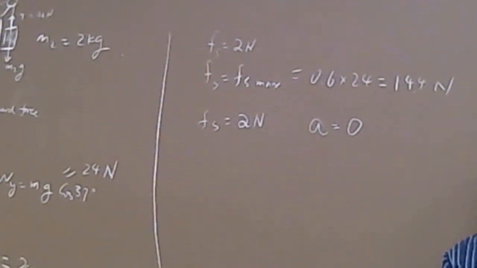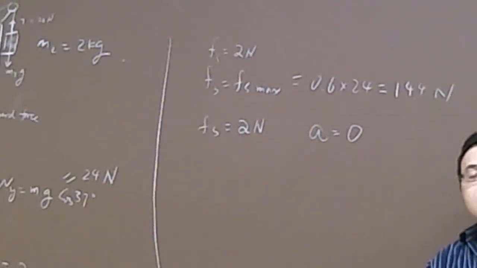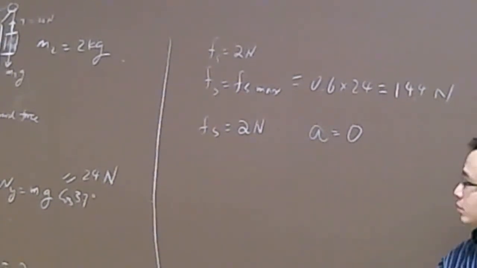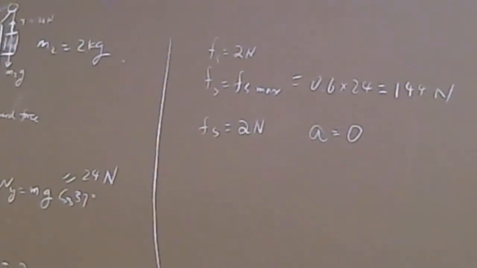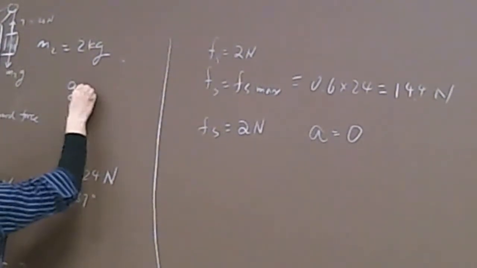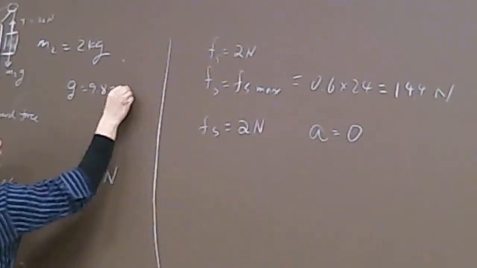How did you figure out the magnitude of mg? mg is mass multiplied by the gravitational constant, 10. So if mass is 2, the weight is 2 times 10, 20. What did you get the 2 from? The constant is 10. G equals 9.8, roughly 10.